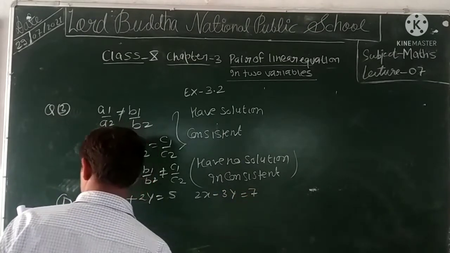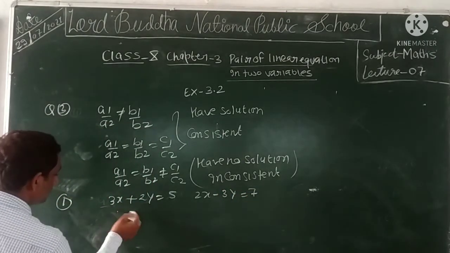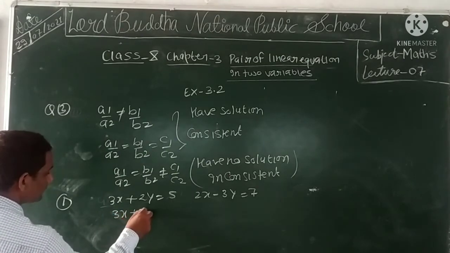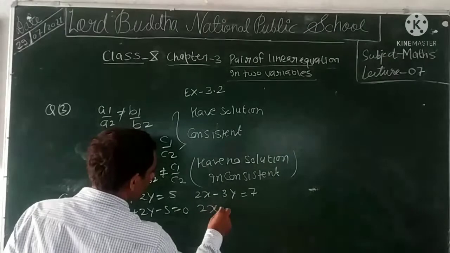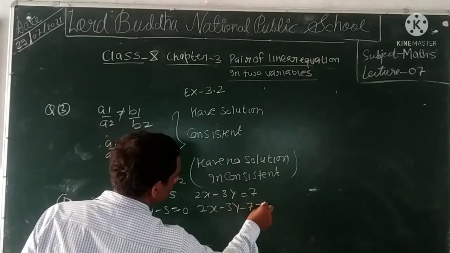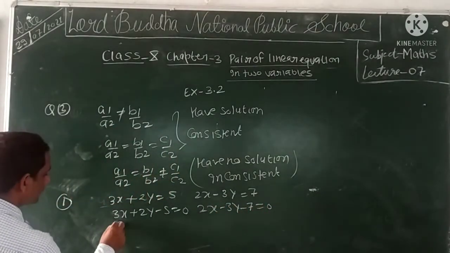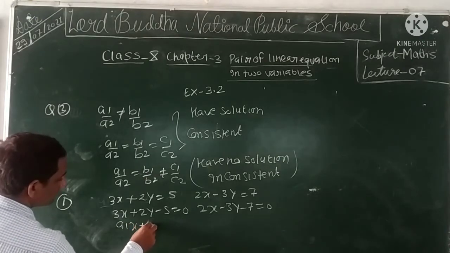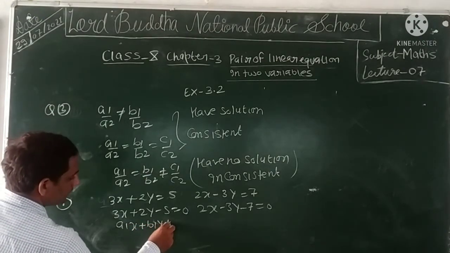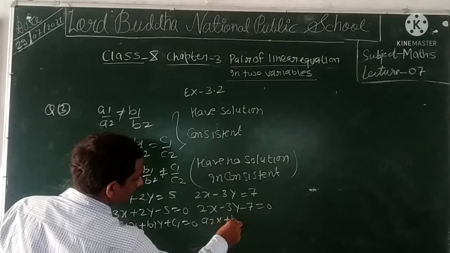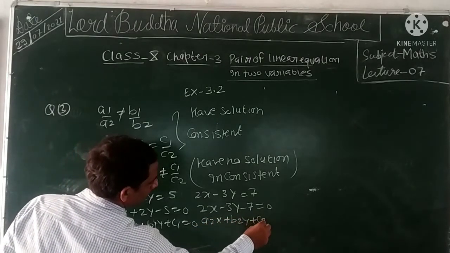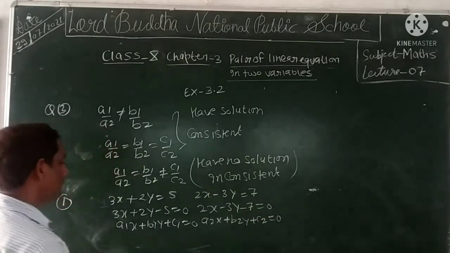Compare: write in standard form, 3x plus 2y minus 5 equal to 0, 2x minus 3y minus 7 equal to 0. Now we compare with a1x plus b1y plus c1 equal to 0, a2x plus b2y plus c2 equal to 0.